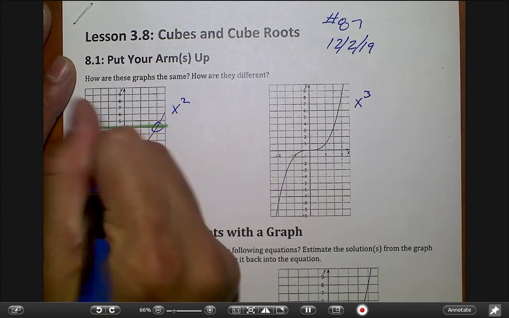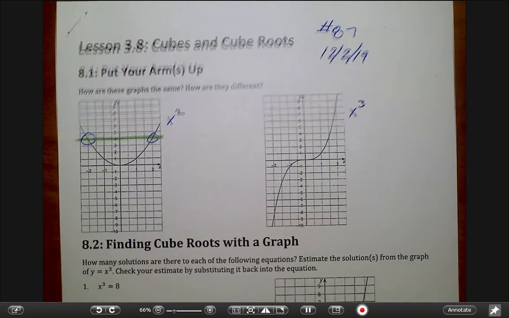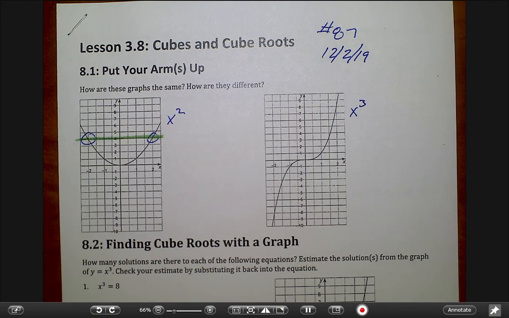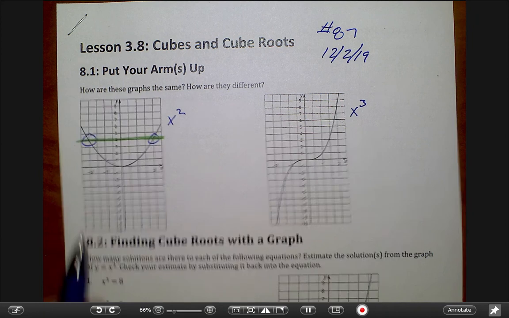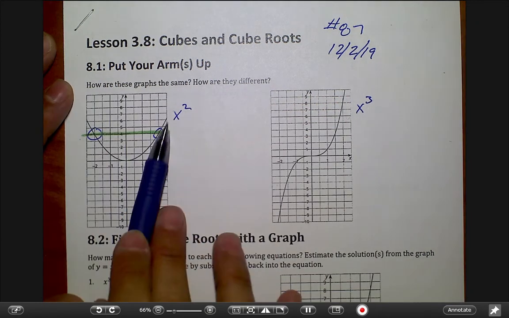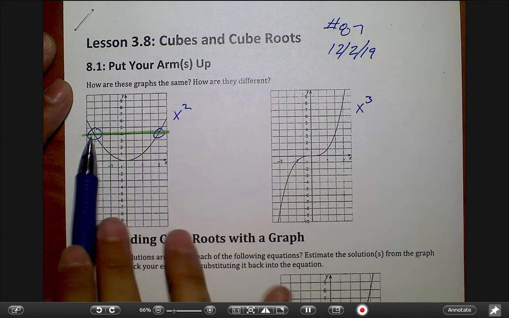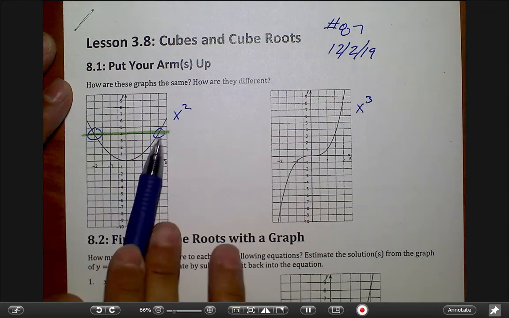And what does that tell me where it crosses? Negative 2 and positive 2, plus or minus 2, right? So on these ones right here, I should have a plus or minus. I should have 2 answers off of this. So we got there and there.